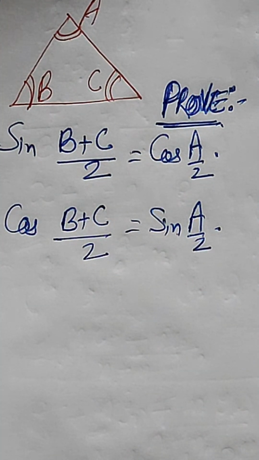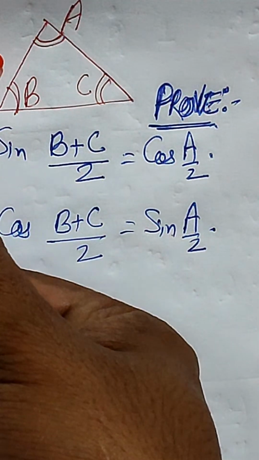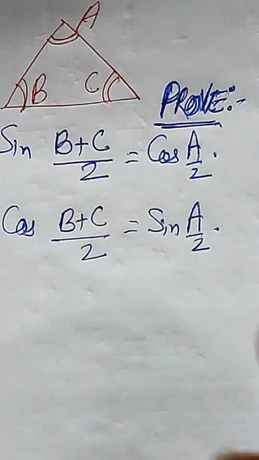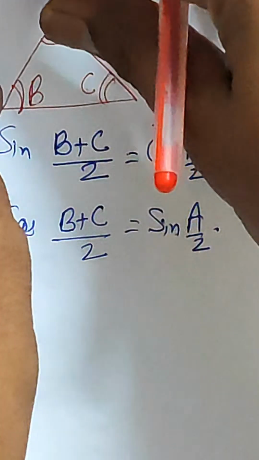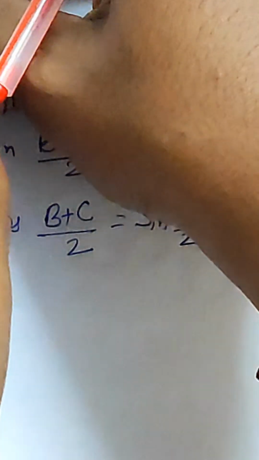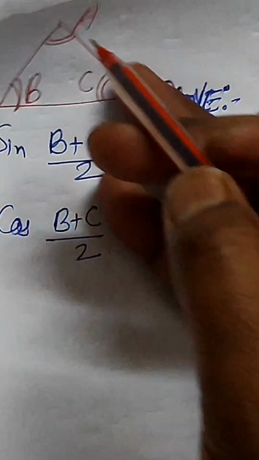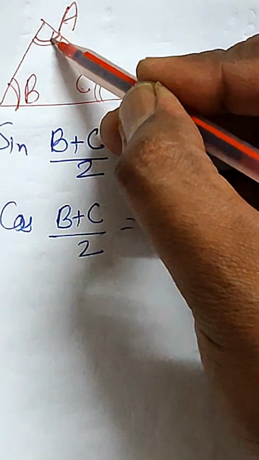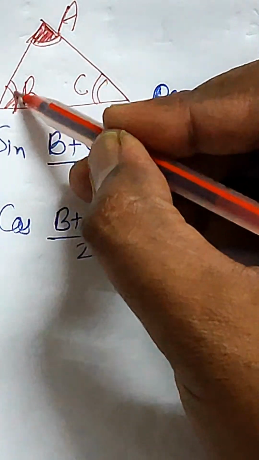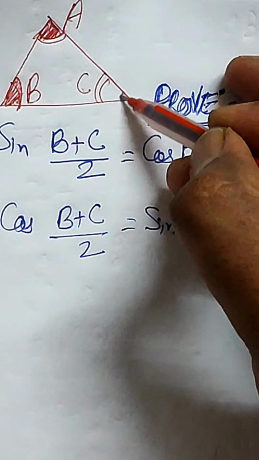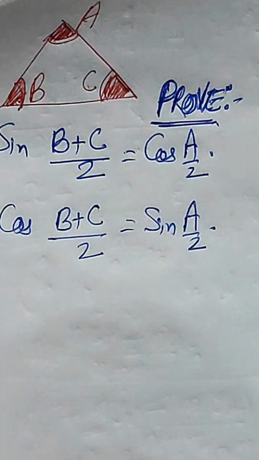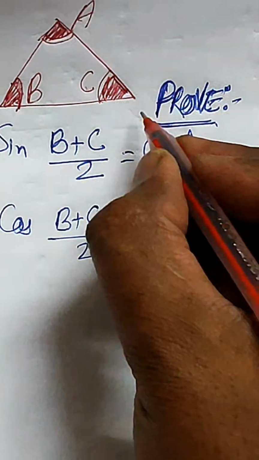You can see, since the main data given in this question is that A, B, and C are the interior angles of a triangle, any triangle, right? If these three angles are A, B, and C, we know the property of a triangle, that the sum of all angles of any triangle is equal to 180 degrees, right?